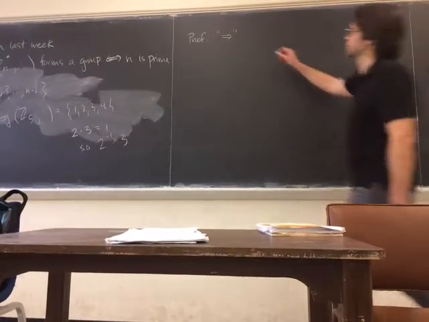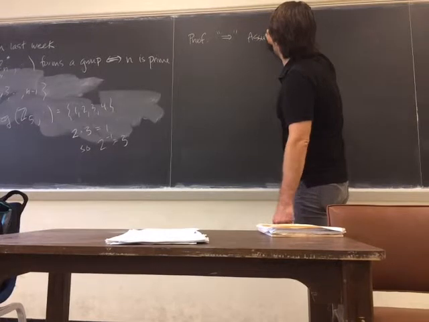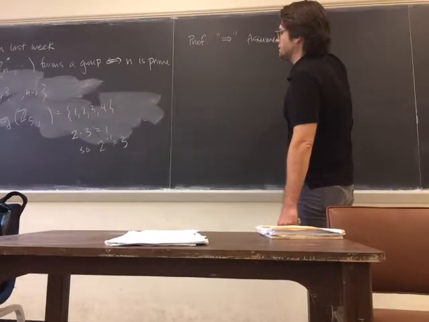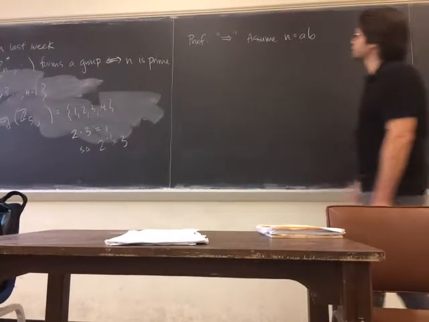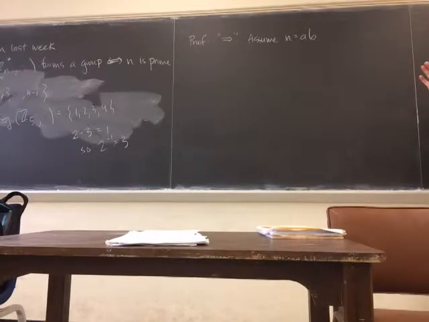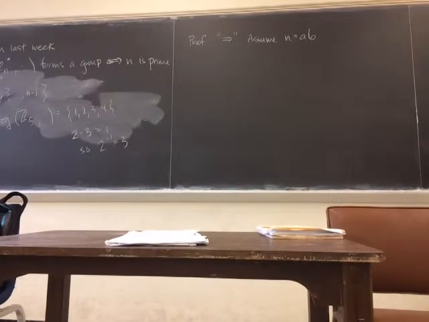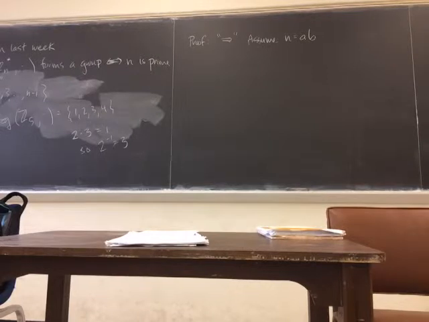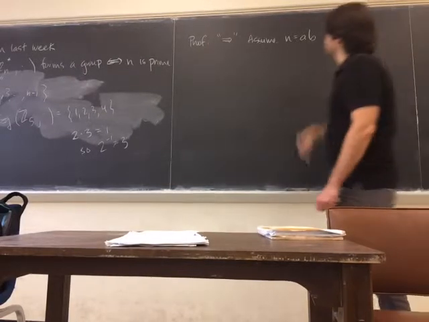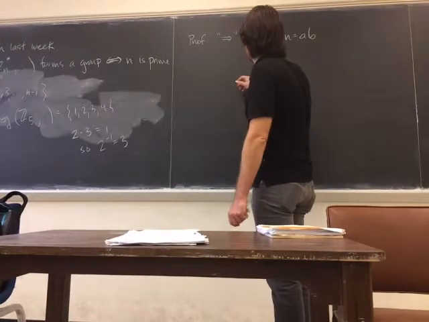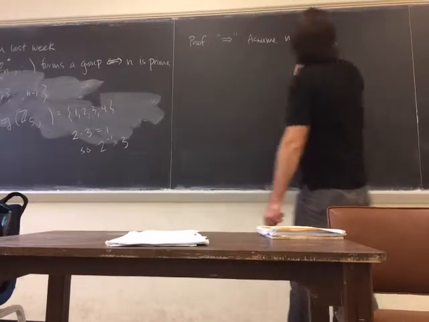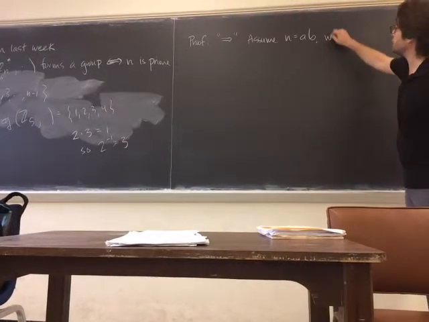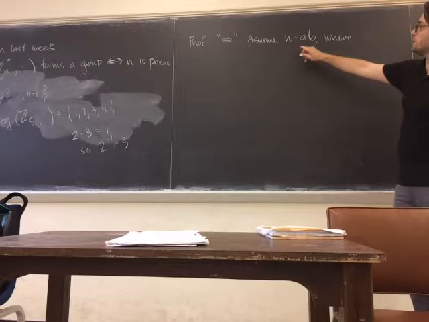So what I want to do is assume that n can be factored as, say, a times b, as integers, regular old multiplication. Let's assume it's composite. What does it mean to be a composite number?